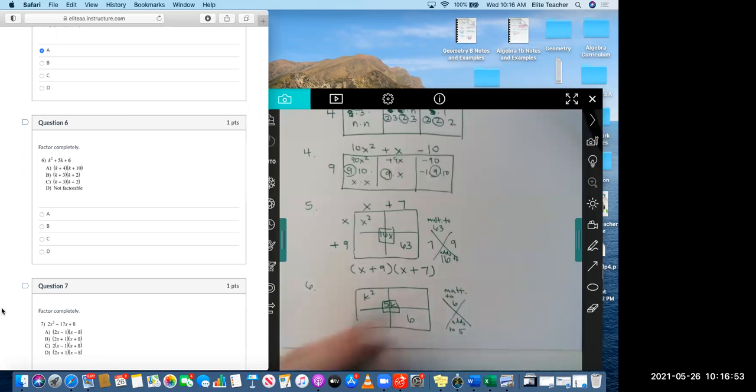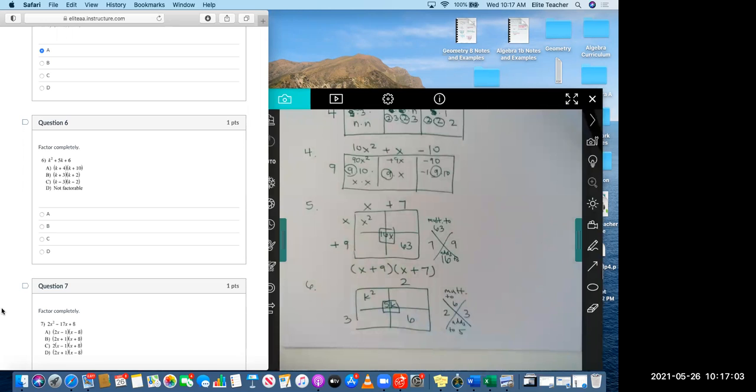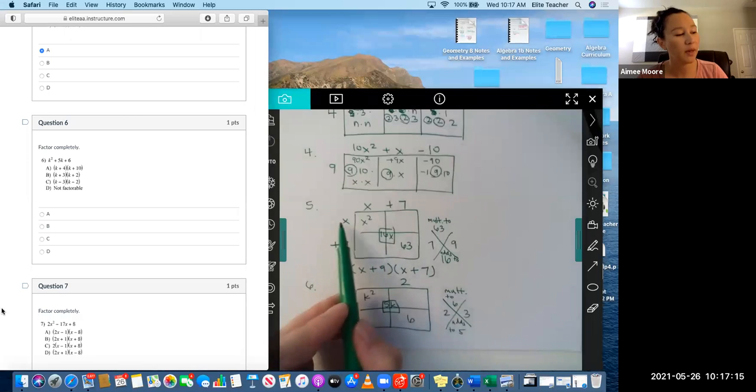2 and 3. So we know that a 2 goes here and a 3 goes here. And what multiplies to give us k squared? So to get x squared, we did x and x.